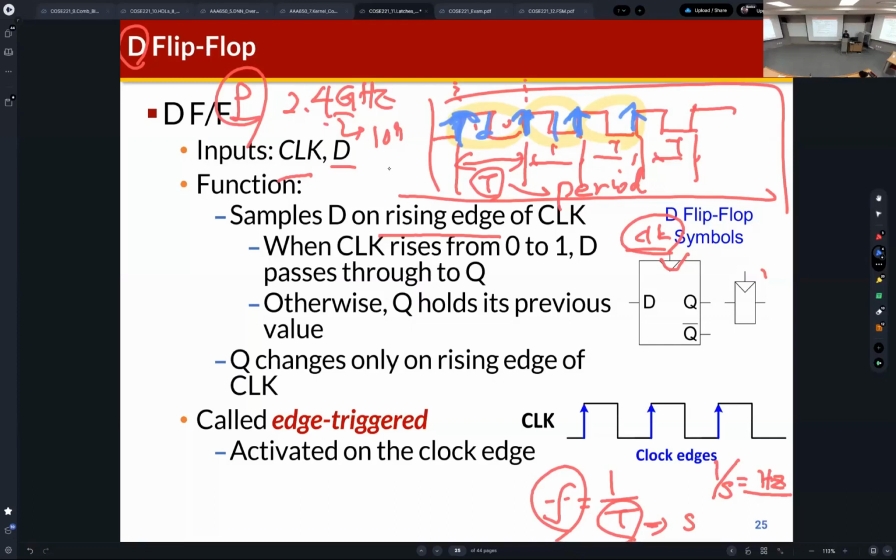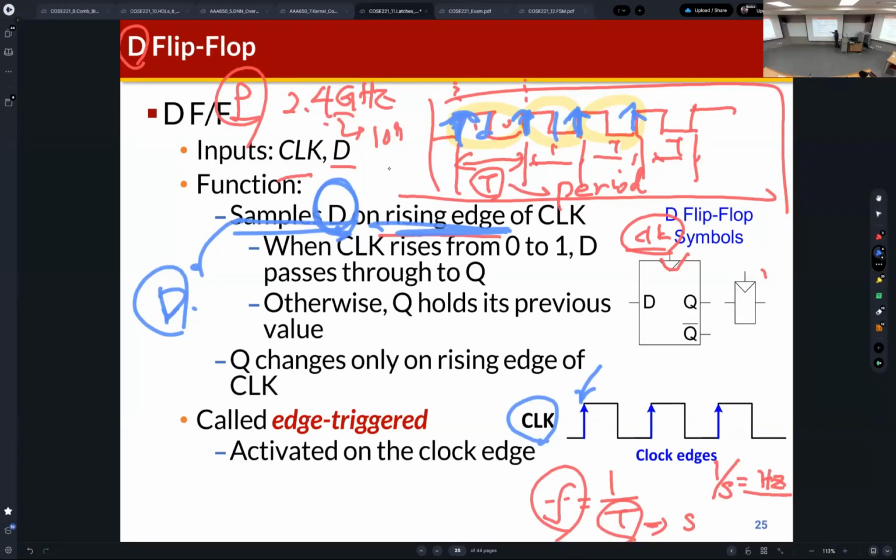You can sample D on the rising edge of the clock. This is the rising edge of the clock signal, and at this point D is sampled. Sampling means that the value of D is checked and then stored.